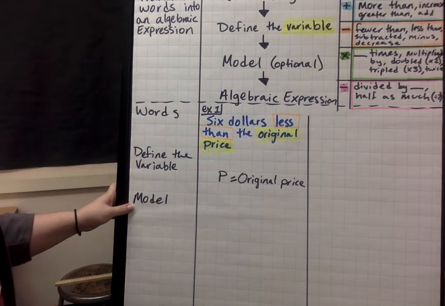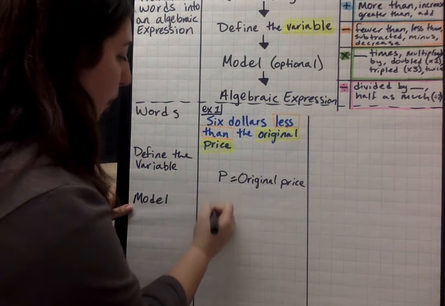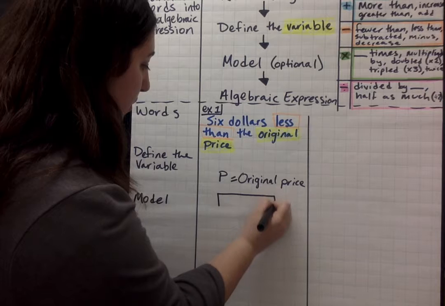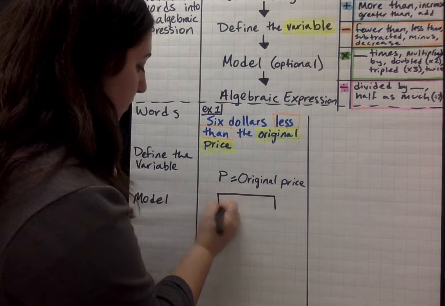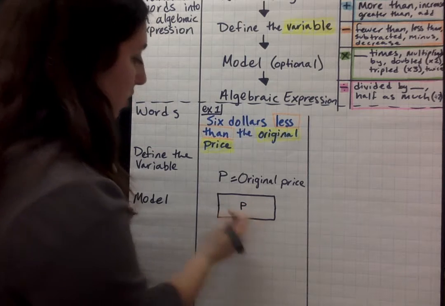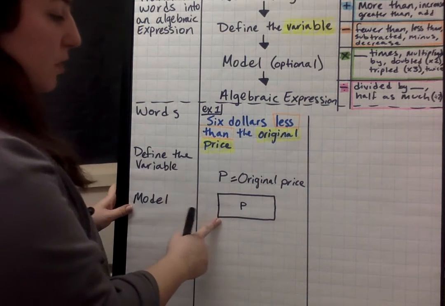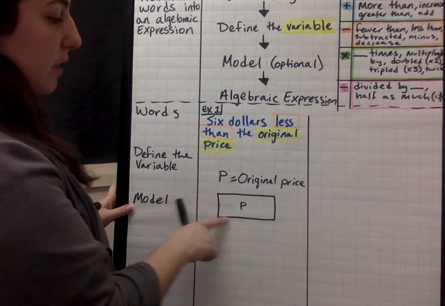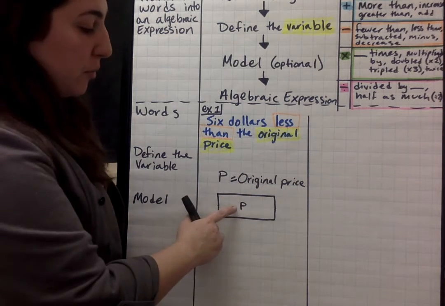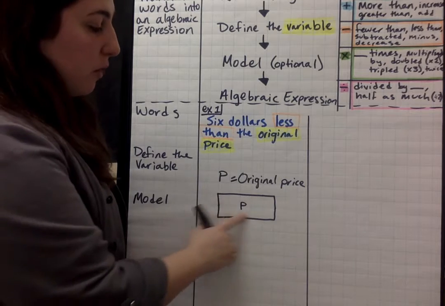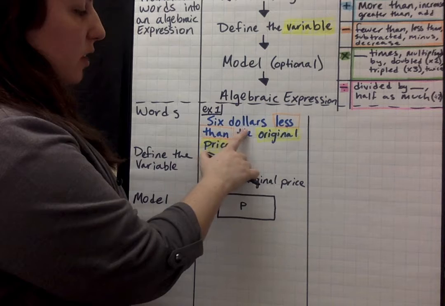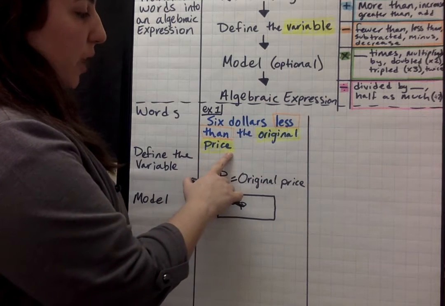Okay, so my model is going to look like a bar diagram, just like we had in the inquiry lab. Okay, so this bar diagram, it represents my variable. It represents the original price, which we don't know how much it is, so I'm just calling it P. Okay, this is representing the original price. But we know that $6 less than the original price.